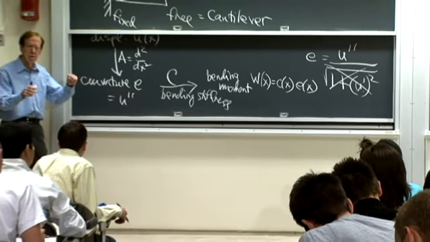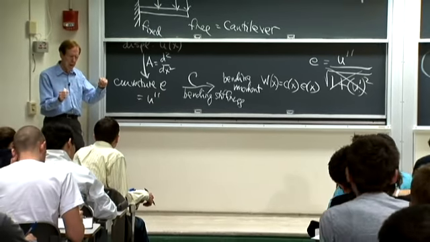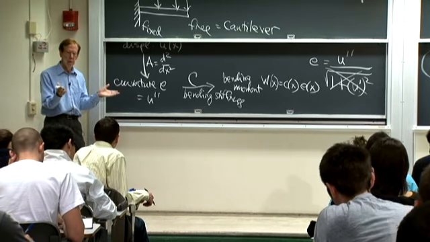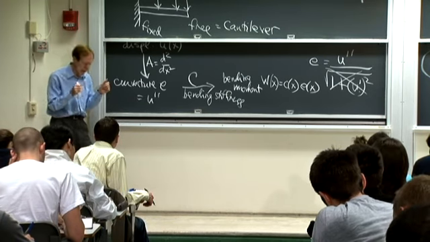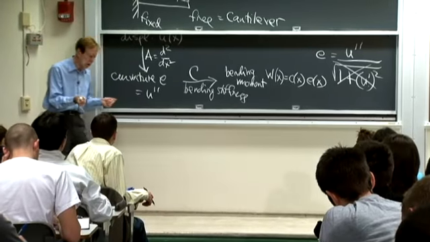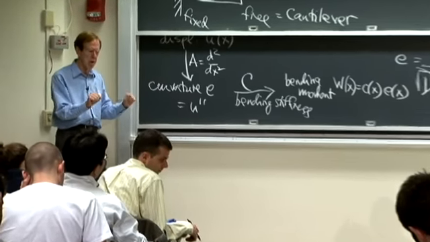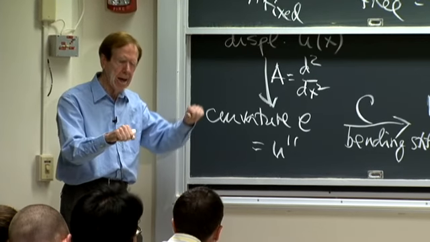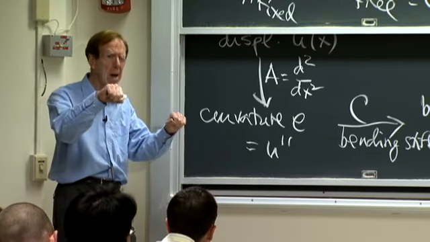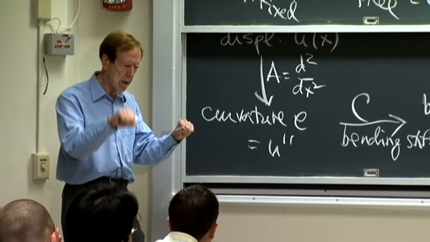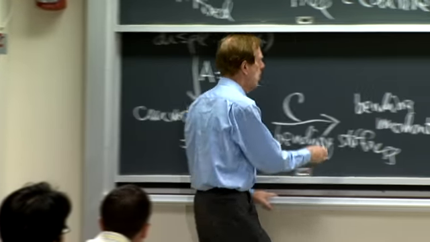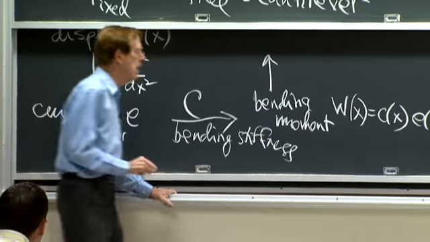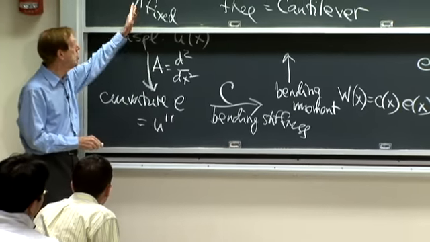That's the force, the way the spring had a restoring force by Hooke's law. This is the equivalent of Hooke's law, but this restoring force is not pulling back, it's bending back, it's torquing back. And then, of course, there'll be an equilibrium equation to balance the load.